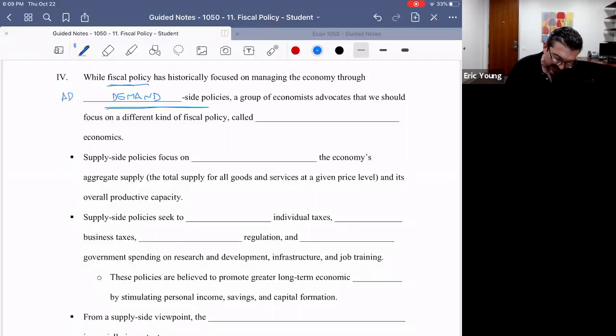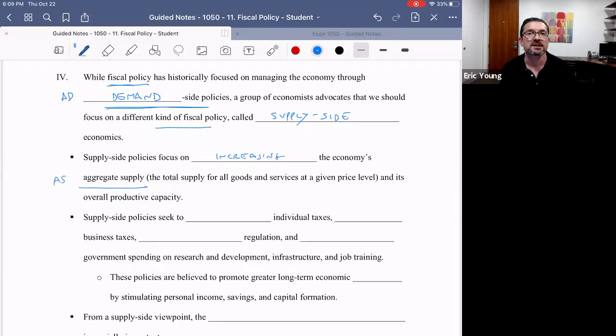However, there is a group of economists who advocate that instead we should be focusing on a different kind of fiscal policy, which they call supply side economics. Supply side policies focus on increasing the economy's aggregate supply. It's AS.